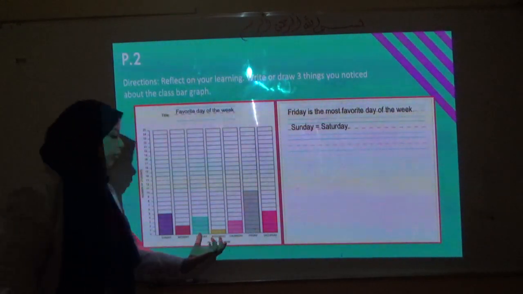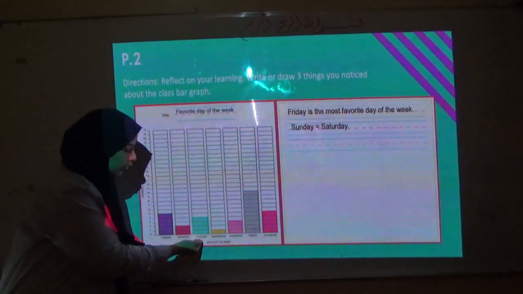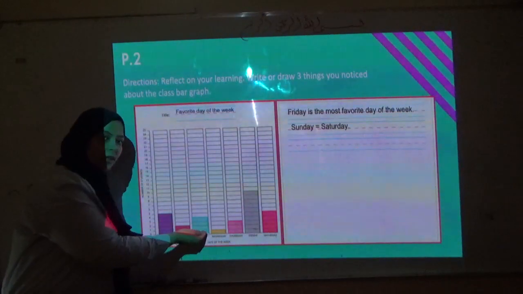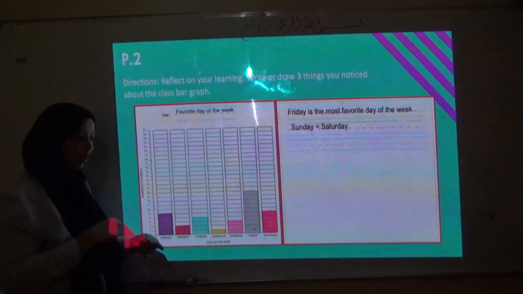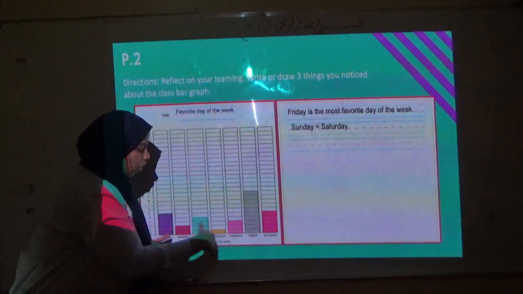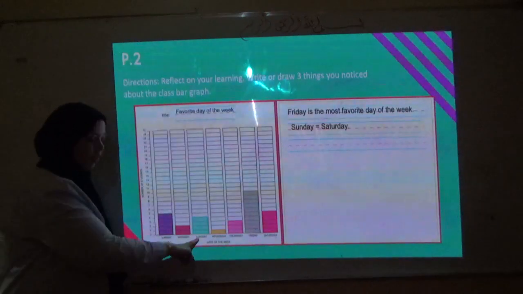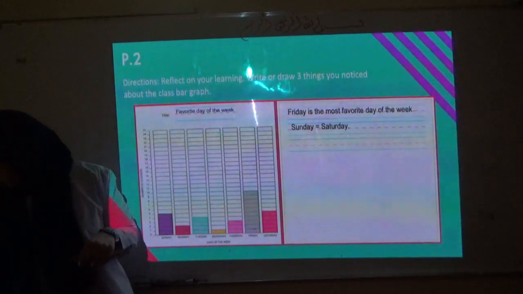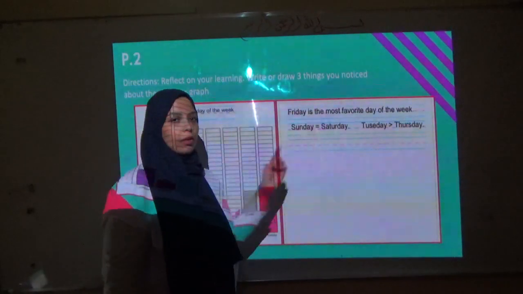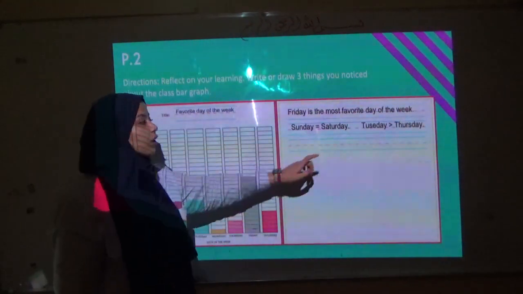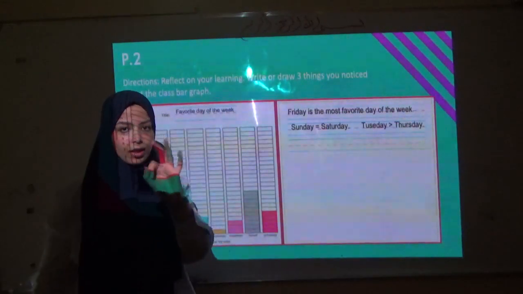So I can use a relation sentence between them and write that Tuesday is greater than Thursday. Or the opposite side, Thursday is less than Tuesday. Tuesday represents 4 students, which is greater than Thursday because it represents only 3 students.